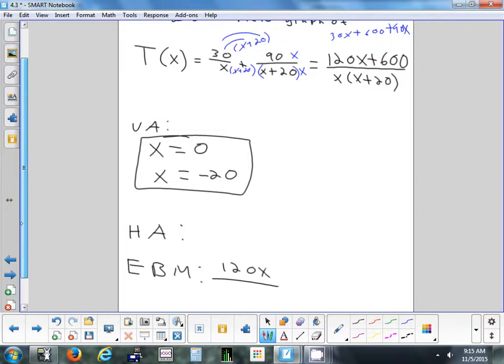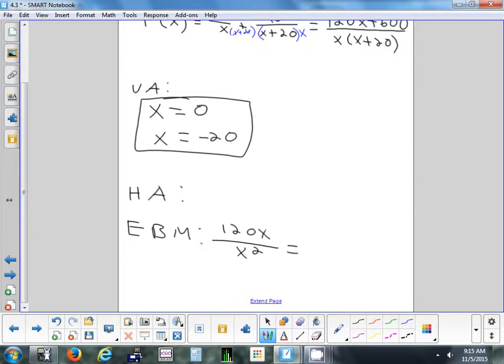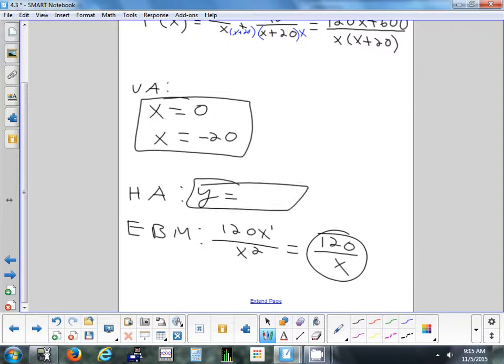It would be x squared. So that's going to become 120 over x. Now, as x gets very, very big, what does this fraction approach? Yeah, it approaches 0. As you start dividing 120 by a bigger and bigger number, it gets smaller and smaller and smaller.